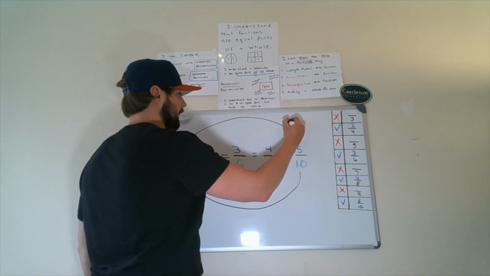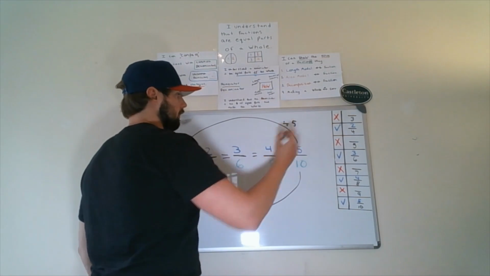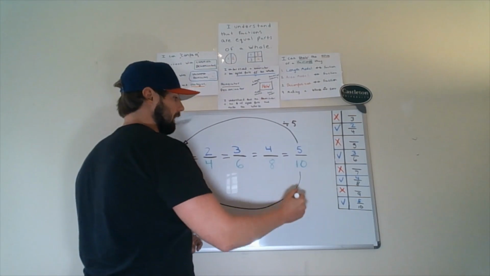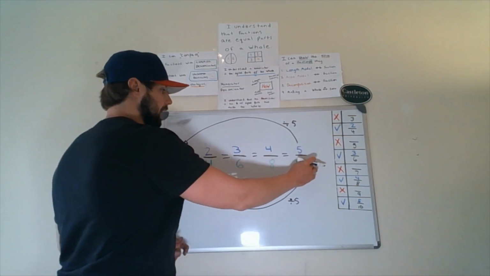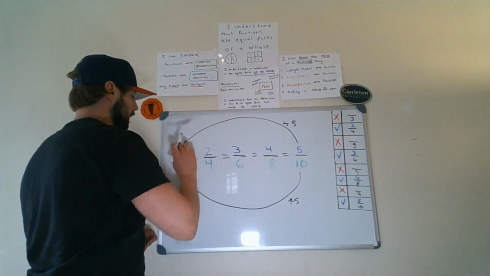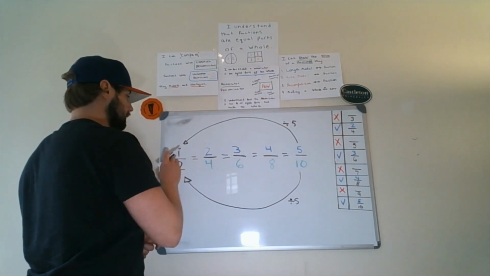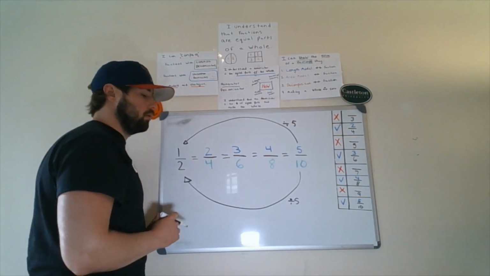We were dividing by the number of parts. We were dividing by 5. 5/10 is equivalent to 1/2, but we are actually dividing by 5. 5 divided by 5 is 1. 10 divided by 5 is 2.